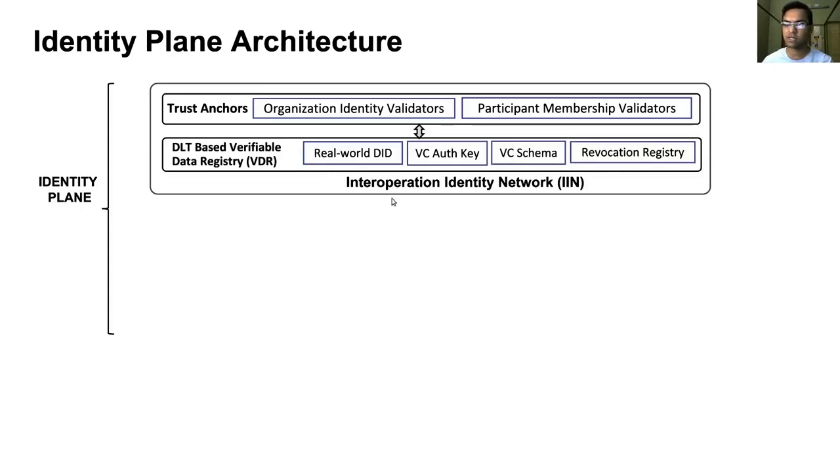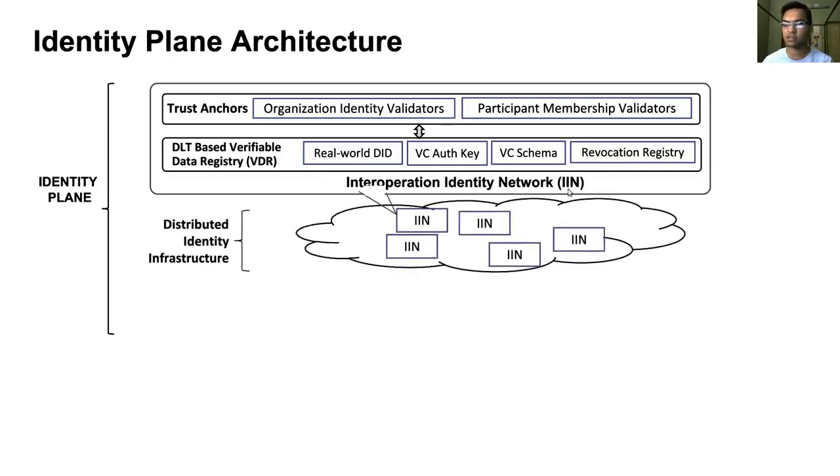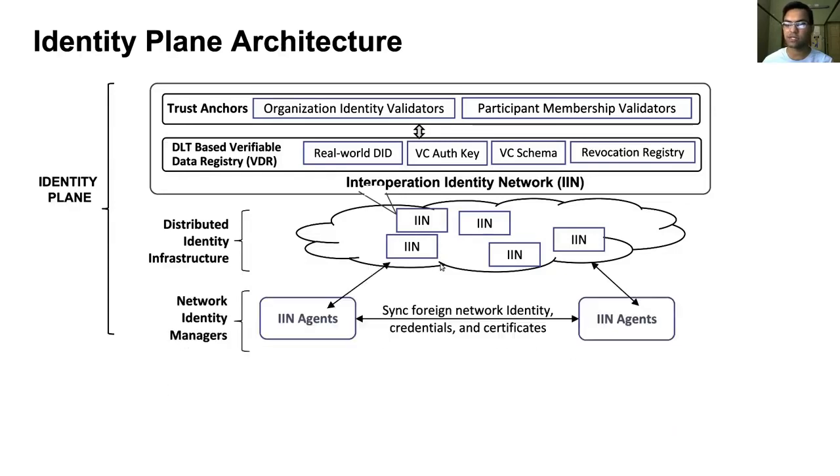So in our system, there are multiple such IANs which together form the distributed identity infrastructure. And this cloud of IANs acts as the basis for identity validation and identity interoperation in this identity plane.